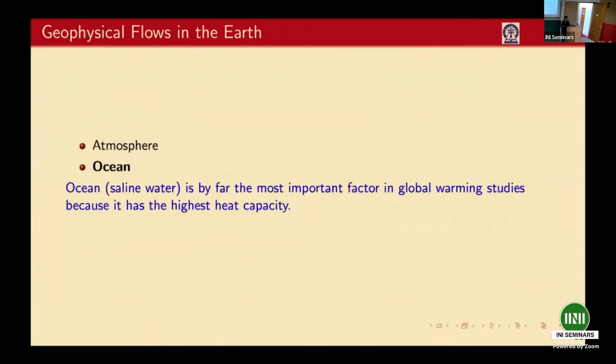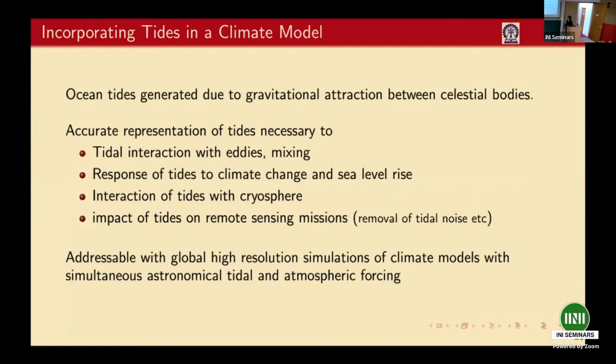Okay, so to talk about some ocean models. Oceans have the largest heat capacity and so on, that we all know. Today I'm going to talk about how we incorporated tides in a climate model or general circulation model.